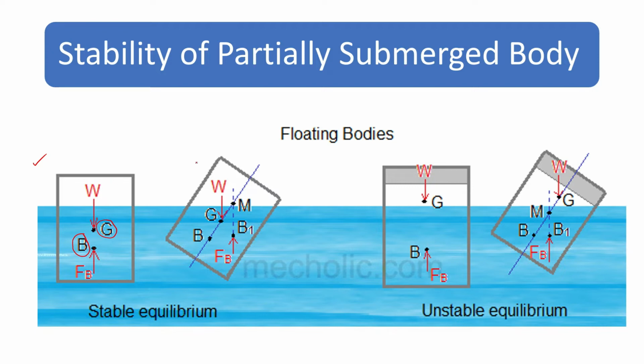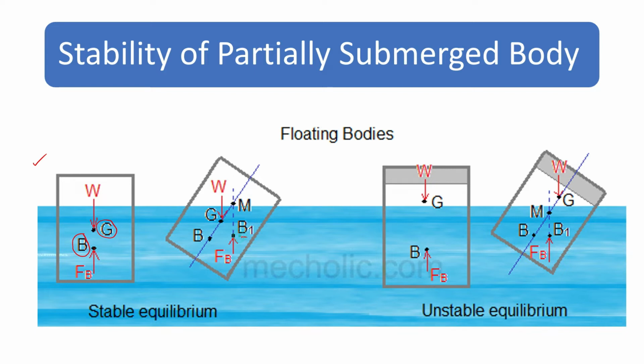And this body is given a slight tilt. So what happens then? You can see this vertical axis passing through the earlier buoyancy point and the center of gravity. Now when it is given a tilt, the center of buoyancy will shift towards the right because more fluid is displaced in the right portion.